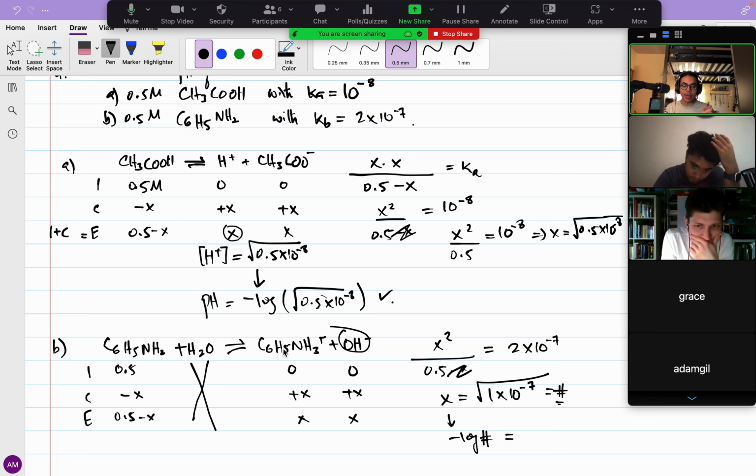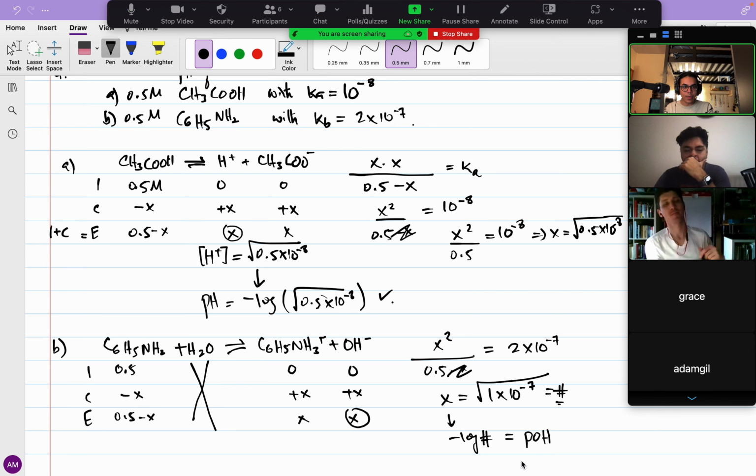If you have your OH minus value, you get your pOH. And of the two species of interest, OH minus is what corresponds to x. So if you take the negative log of that concentration, you get pOH. And then you do 14 minus that to get your pH.